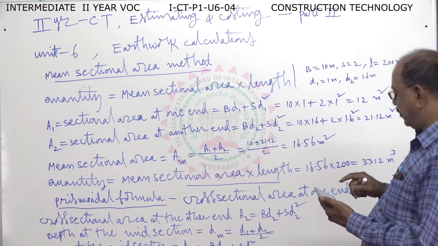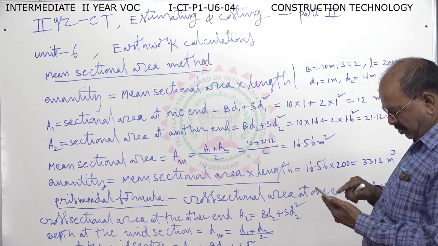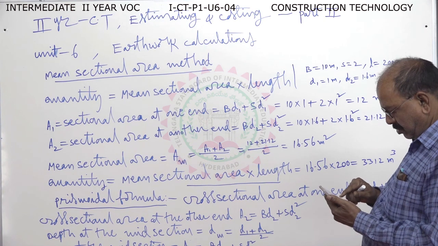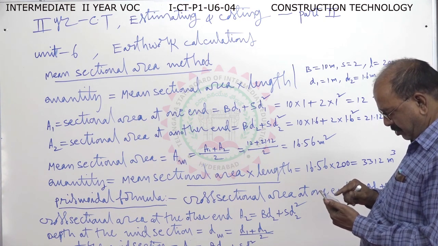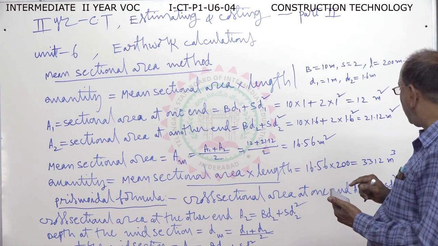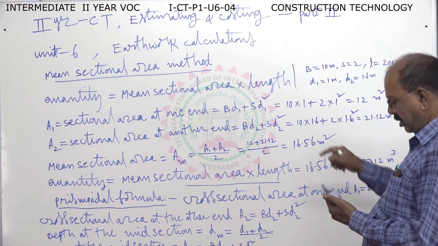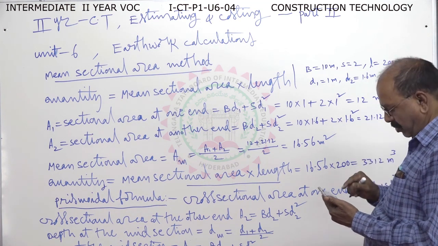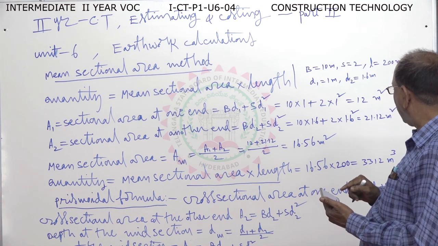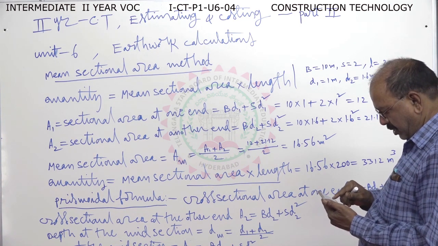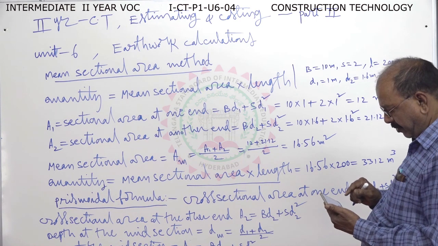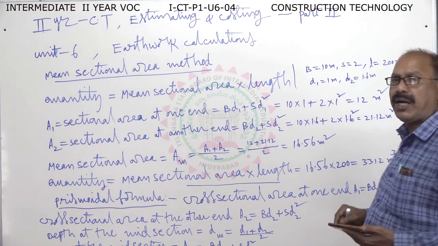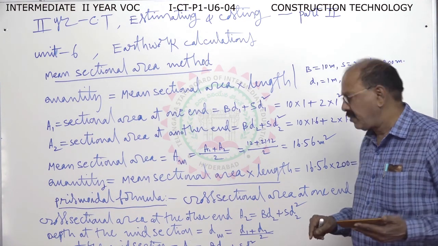That is 10 into 1.6, plus 2 into 1.6 square. That is equal to 21.12 meter square. Students, understood?